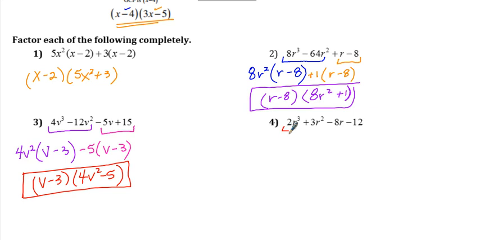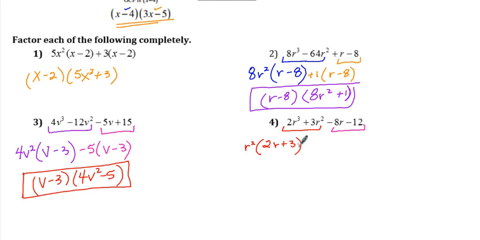Number 4, let's group the red group, and let's do the pink group. The red group has a greatest common factor of just r squared, right? We can't take a 2, we can't take a 3. R squared's the only thing I can pull out. So let's leave behind 2r plus 3.